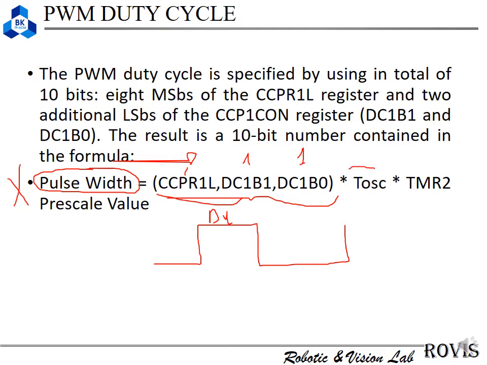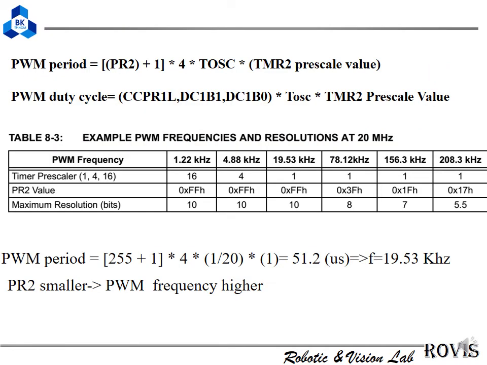This is about the TOSC, right, and the timer 2 prescale value here. So this is the example. We want to generate, for example here, according to the table.